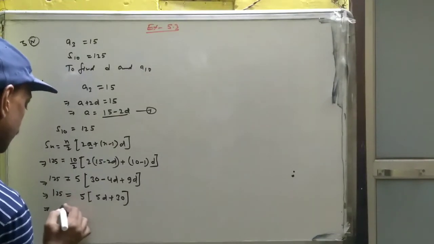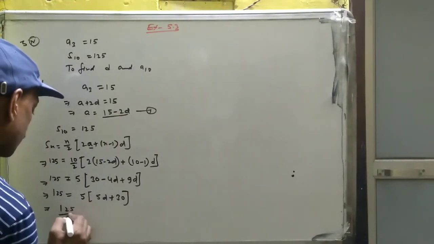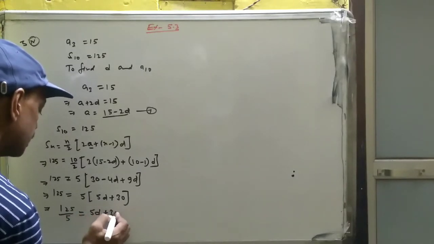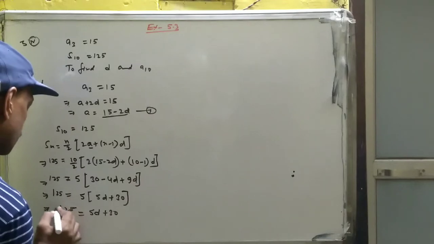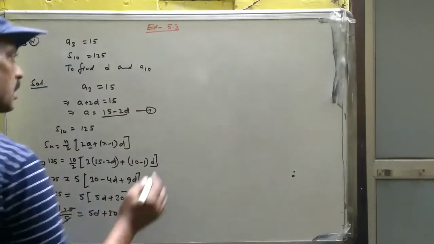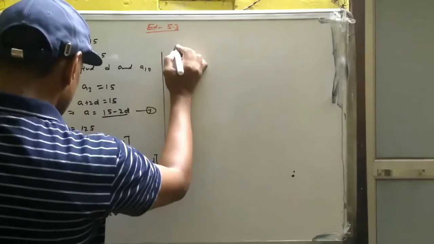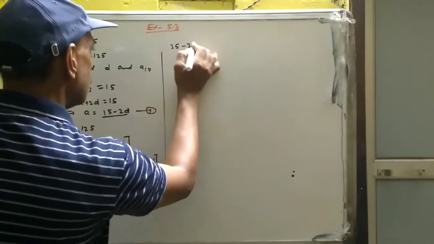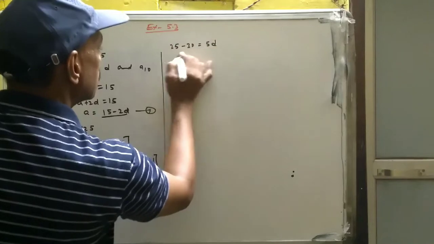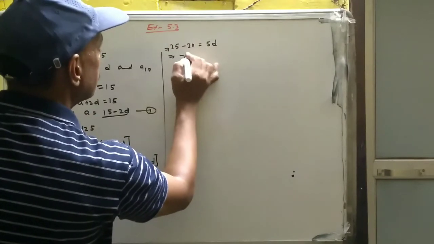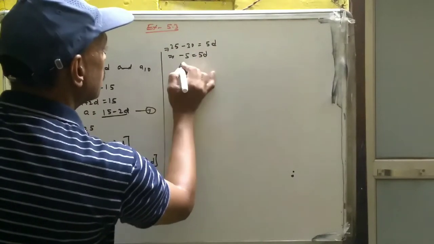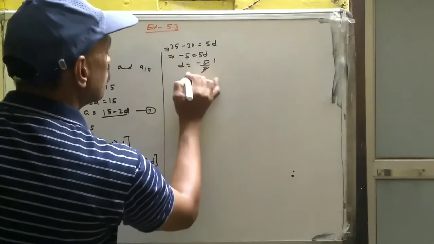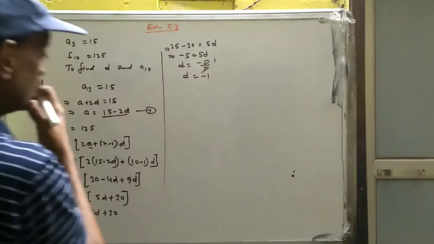After this, 125 upon 5 equal to 5d plus 30. That gives 25. So 25 minus 30 equal to 5d. So minus 5 equal to 5d. So d equal to minus 5 by 5. So d equal to minus 1.